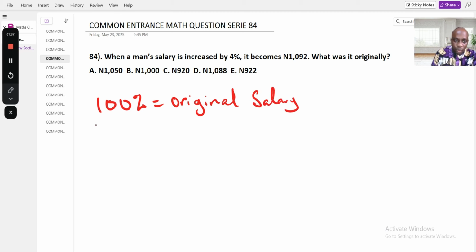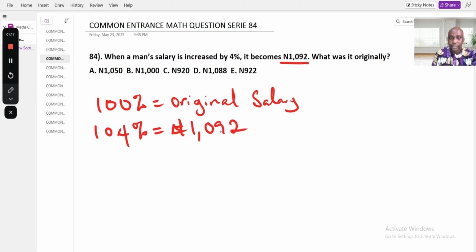Now 100 plus 4 is going to give us 104. 104 is the current amount that he is earning now, which is 1,092.